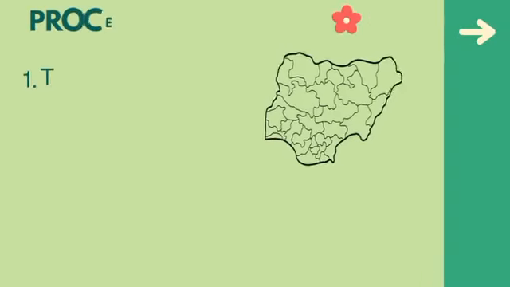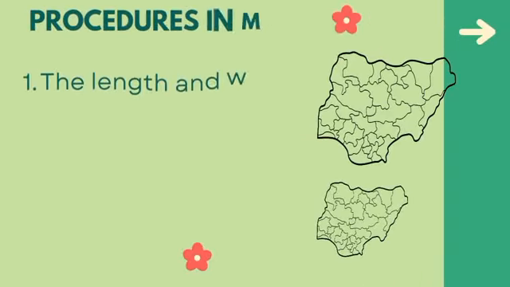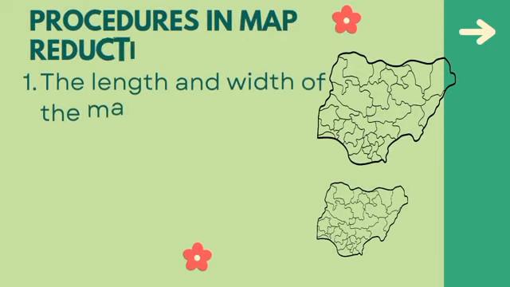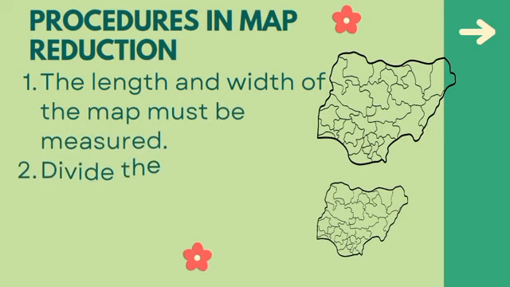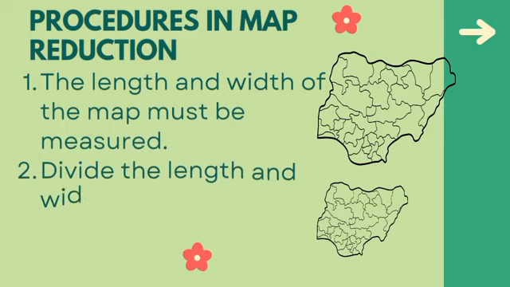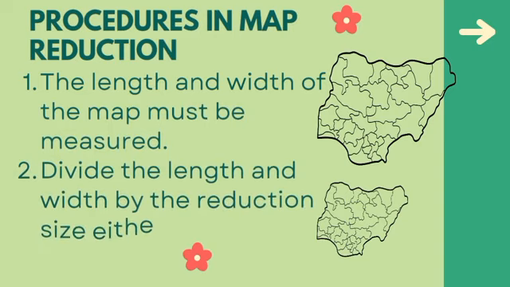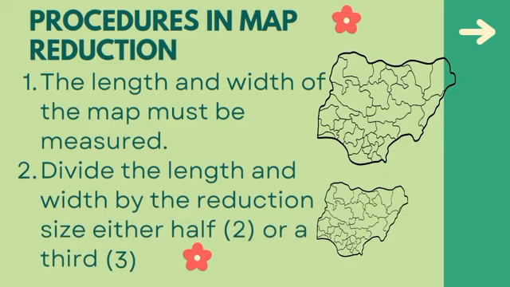Now, talking about the procedures of map reduction, first of all, we measure the length and width of the map that is given to us. Then we divide the measurement by the number of times we are reducing the new map to.